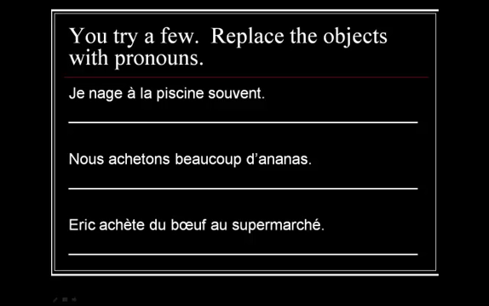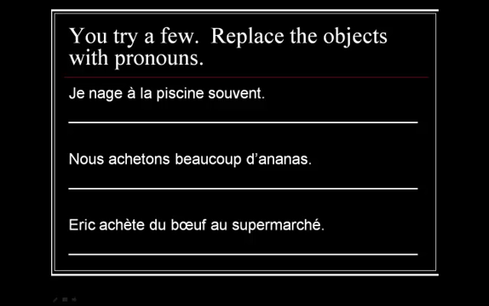Well, it's a place. Remember which object we use to replace places. Put that object in the right place in the sentence to say, I swim there often. So what would really be a good idea is if you would write these down, replace the objects. So pause it for a second, and then I'll come back and I'll show you the right answers to these.